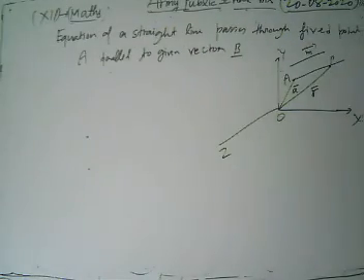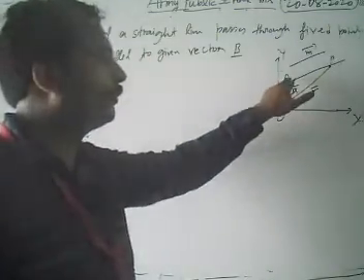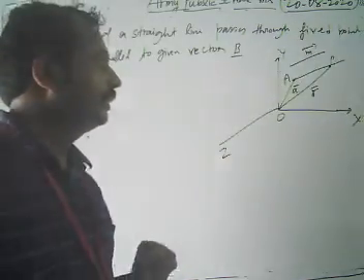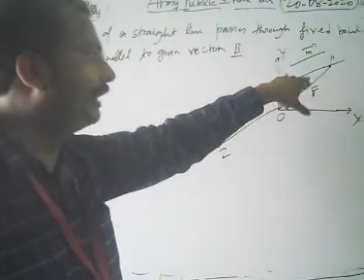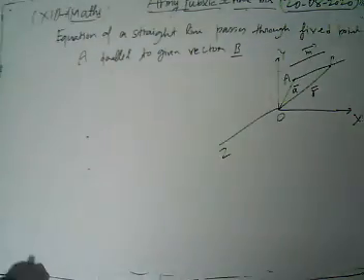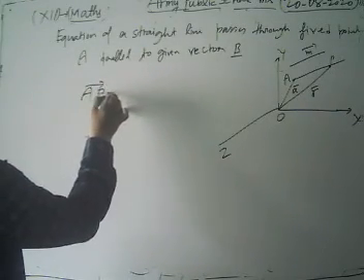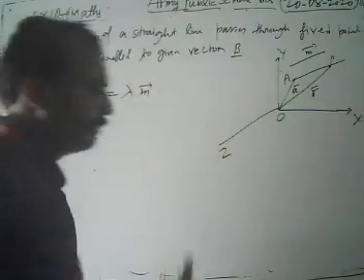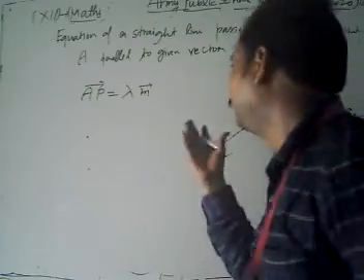We have to find the equation of the line passing through the fixed point A and parallel to the given vector m. If P lies on the line and AP is parallel to m, then vector AP equals lambda times vector m, because AP and m are parallel vectors, where lambda is some scalar.